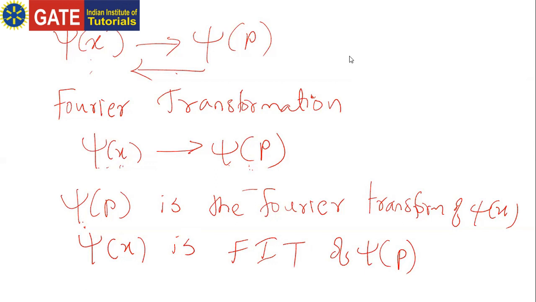Okay. Psi of p is the Fourier transform of psi of x, and if so, then we can say that psi of x is the Fourier inverse transform of psi of p. Now I am going to give you the equation for conversion. Please write down the equation.